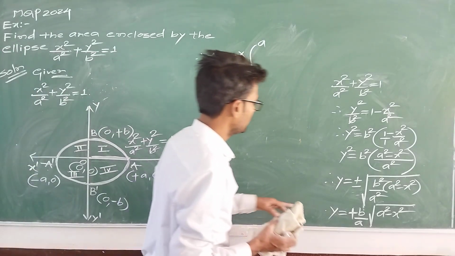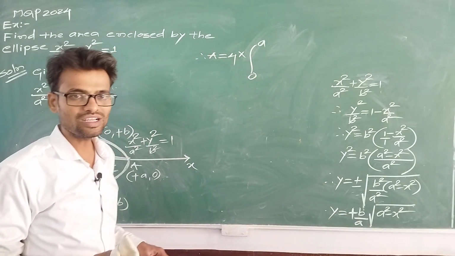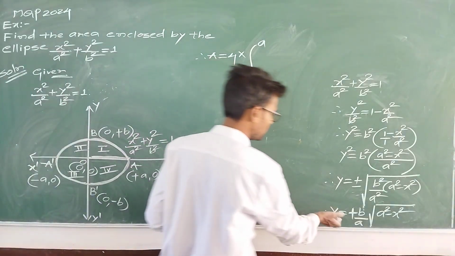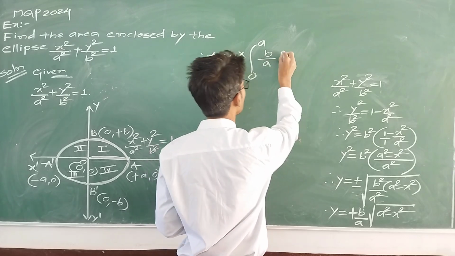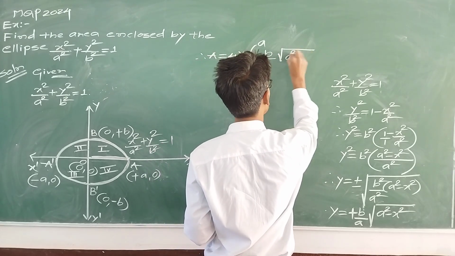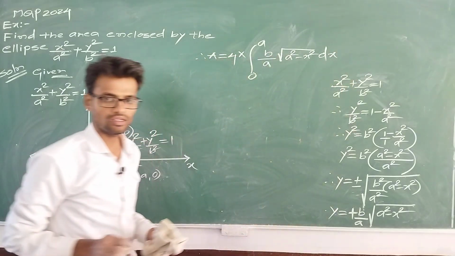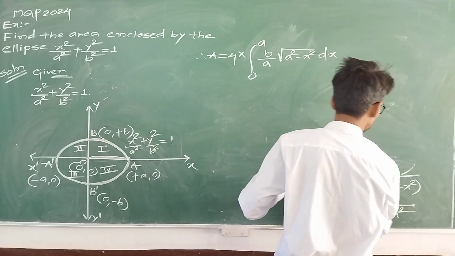So you take the value of y in the equation: area equal to 4 into integration from 0 to a of y into dx. So y we have here this value, b by a, next you write square root of a square minus x square into dx.